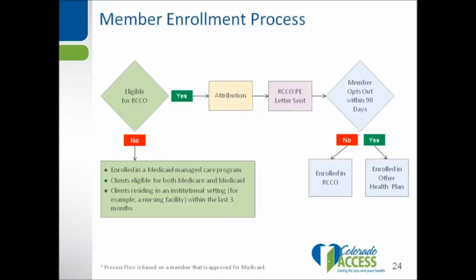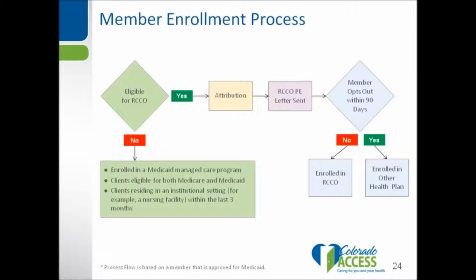Clients that are eligible for both Medicare and Medicaid, and we kind of talked about that, we're in the CMS approval process. So if that all goes well, then we would have the Medicare, Medicaid eligible individuals in the program. Clients residing in an institutional setting, for example, nursing facility, and that has to be within the last 3 months. If they do not meet any of those qualifications, then yes, they are enrolled into the RICO program.